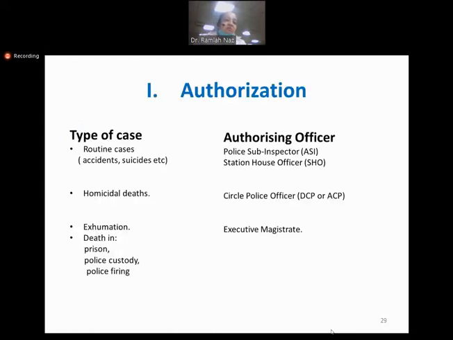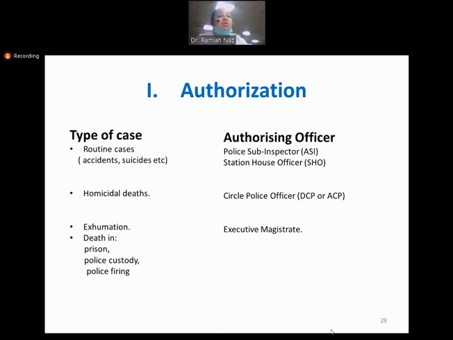So we'll take it one by one. For the protocol, we look for the authorization. There are certain conditions for whom we have to take the authorization from. In routine cases like accident or suicide, we take the permission from the police sub inspector, the ASI, assistant sub inspector, or the station house officer, SHO, who gives you the authority. Internationally, the coroner is the person who usually gives it.